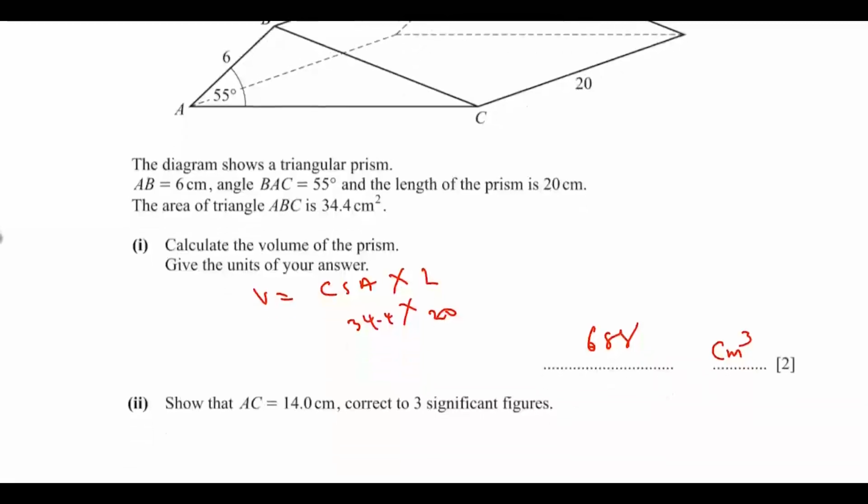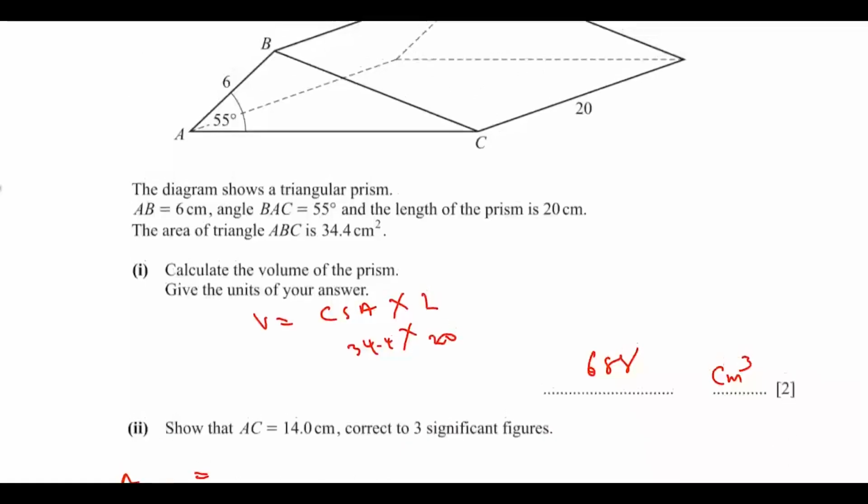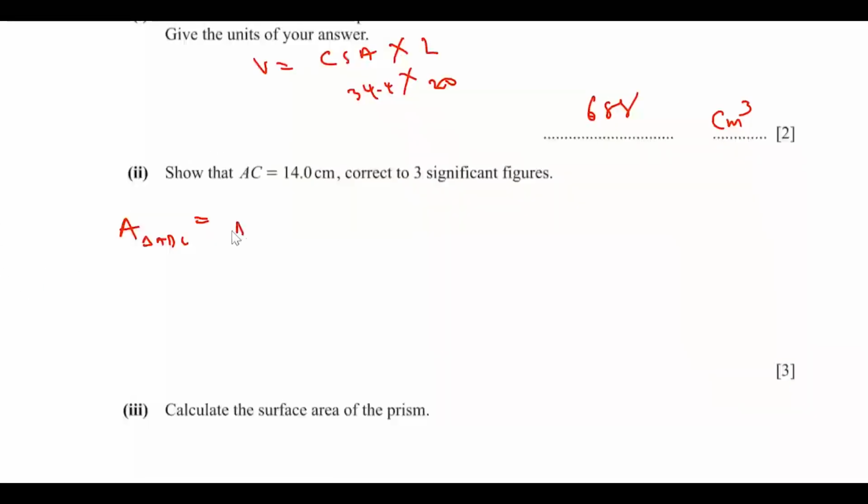So that means we can say that the area of triangle ABC is equal to AB times AC, then times sine theta, the angle there, everything divided by 2. This is what we're going to use to prove that.